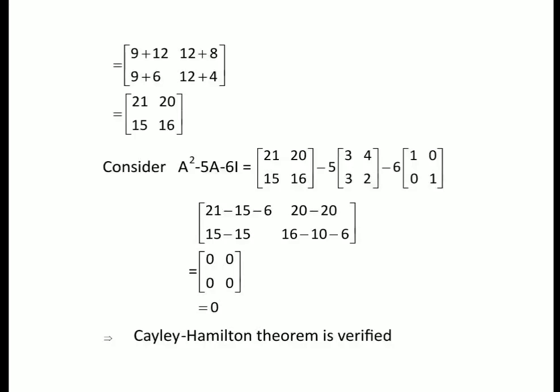Now consider A square minus 5A minus 6I equals. Substitute all the values. A square is 21, 20, 15, 16, minus 5A, which is 3, 4, 3, 2, and minus 6I. I is the unit matrix 1, 0, 0, 1. Open this bracket and simplify.